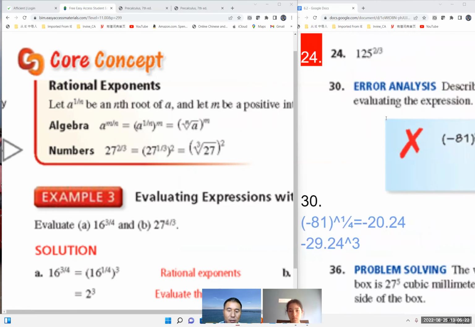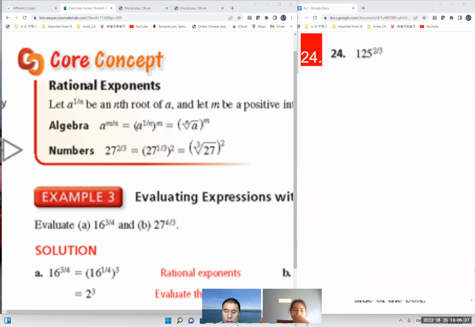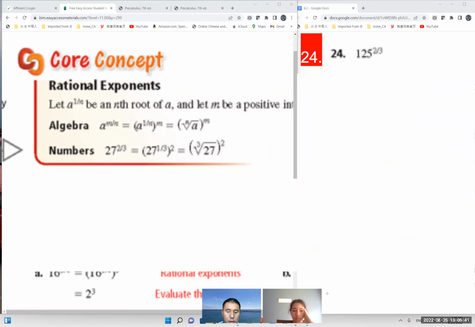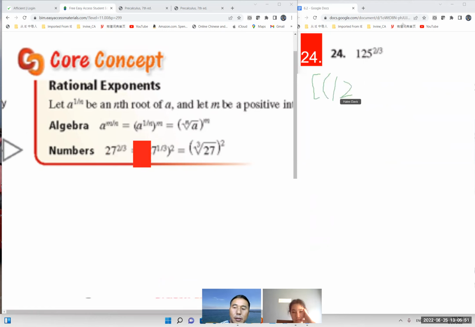Now, can you find this to do it? Let me give you whiteboard. Yeah, you see, you just found an example here. Oh, come on.